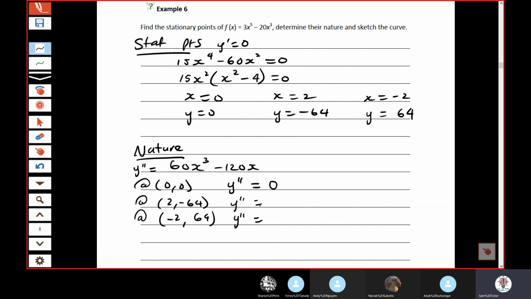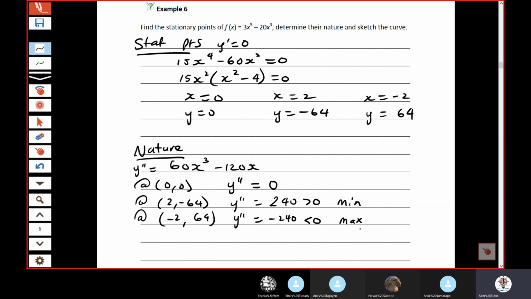At 2, you'll get 240, which means what? Greater than 0, it's a min. So that one's done. At negative 2, you get negative 240, which is less than 0, which is a max.